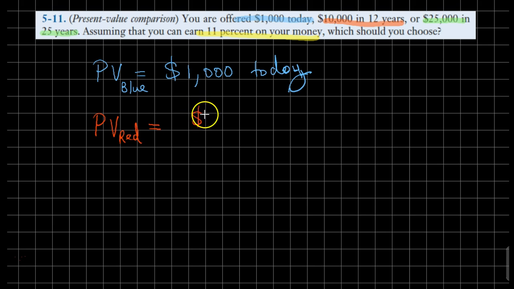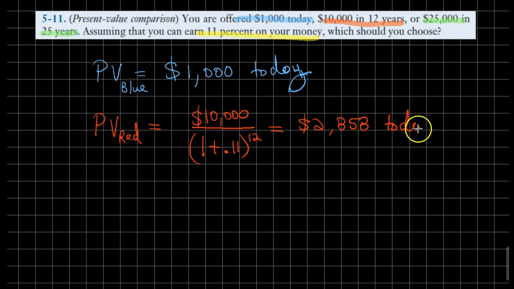We have $10,000, that's the future value, and we discount it at 1 plus 0.11, that's our interest rate, for 12 years. Having discounted this for 12 years, the $10,000 returns $2,858 today. Wow, so the $10,000 in 12 years is worth about $2,800 today.